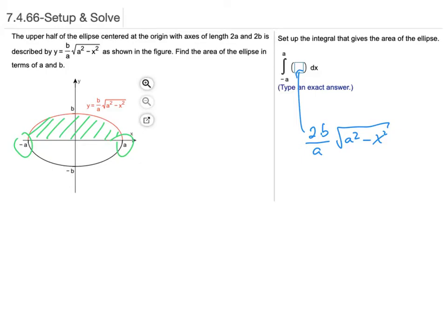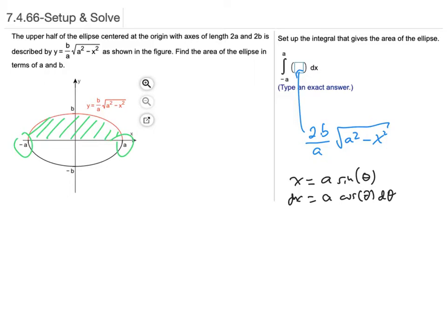Because we have a squared minus x squared in the integrand, that means that a substitution x equals a sine of theta will result in dx being a cosine theta d theta.